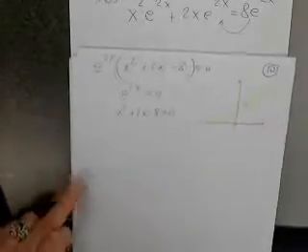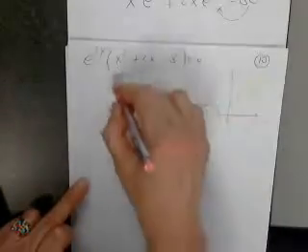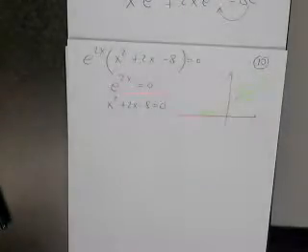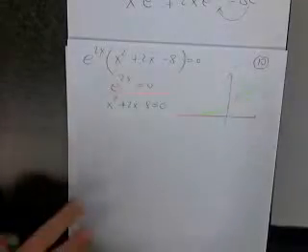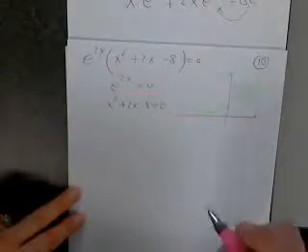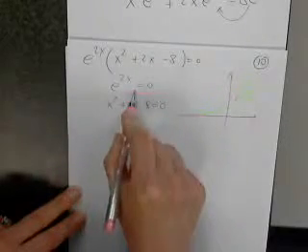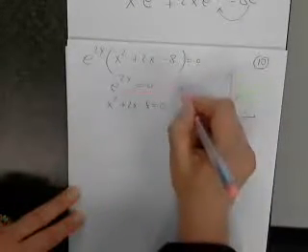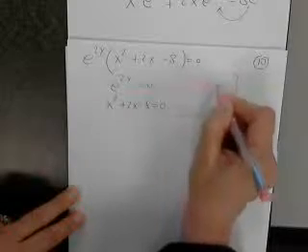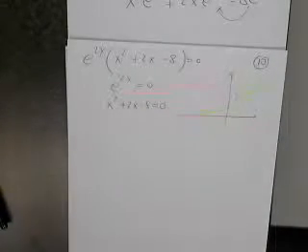So how many solutions will this equation have? This one? Oh, that one. Impossible. E to 2x is never 0.